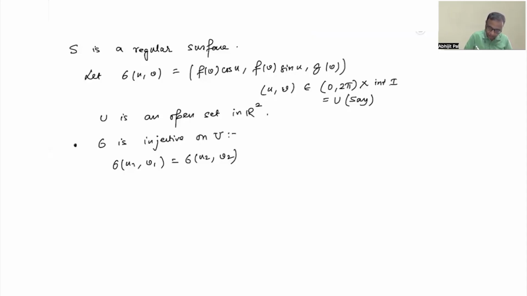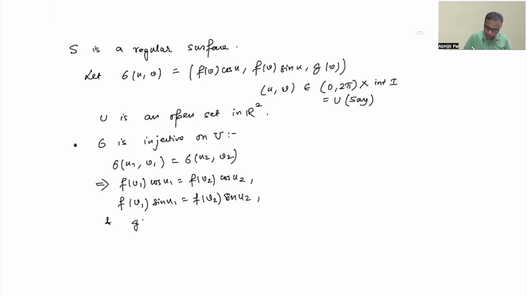This implies that f(v1) cos u1 equals f(v2) cos u2, f(v1) sin u1 equals f(v2) sin u2, and g(v1) is equal to g(v2).